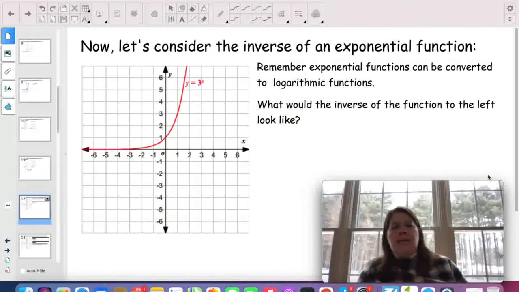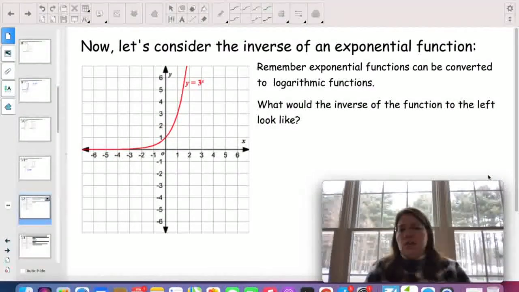We're going to now talk about how exponential equations and logarithmic equations relate to each other. We need to remember that when we first started studying logarithms, we learned how to convert logs to exponentials and exponentials back to logs. We learned how to go back and forth. Well, that is needed to be able to determine what the graph of a logarithmic equation looks like.